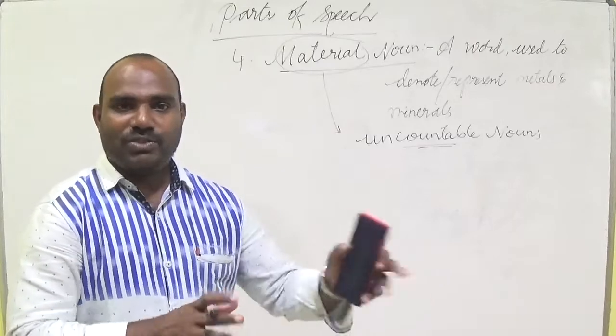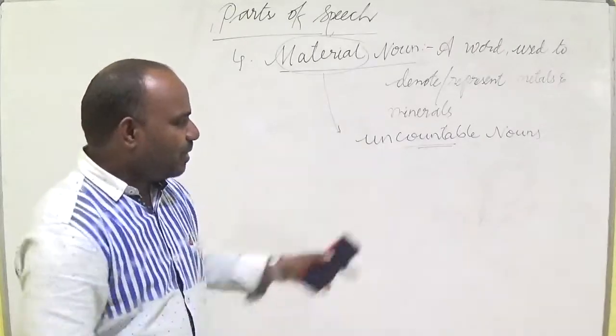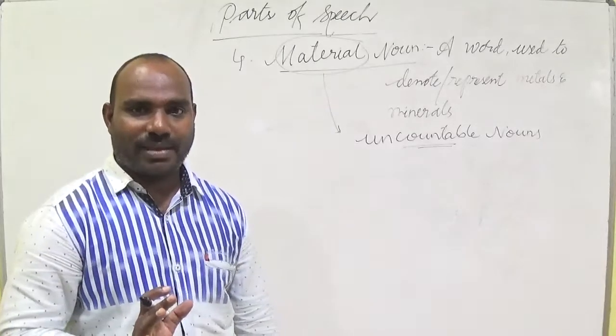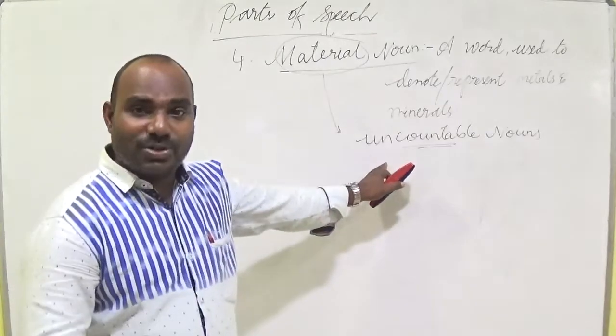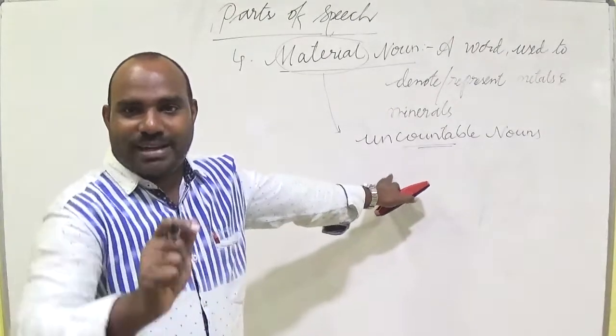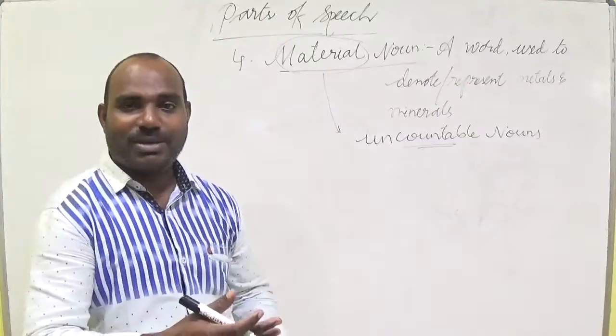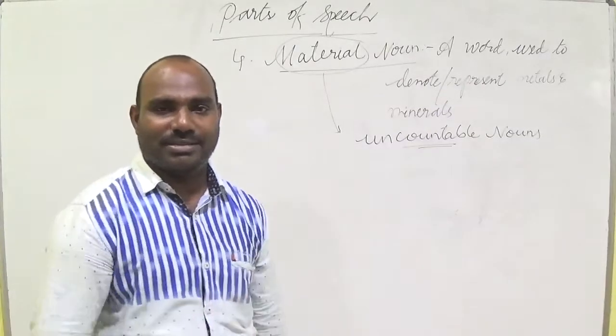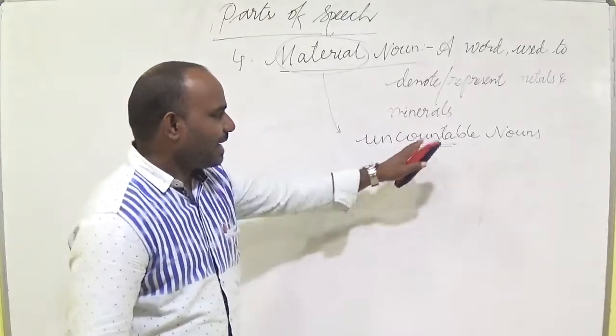But uncountable nouns are nouns that cannot be counted. They have a different measurement, like kilograms, liters, tons or something else. So material nouns are uncountable nouns.